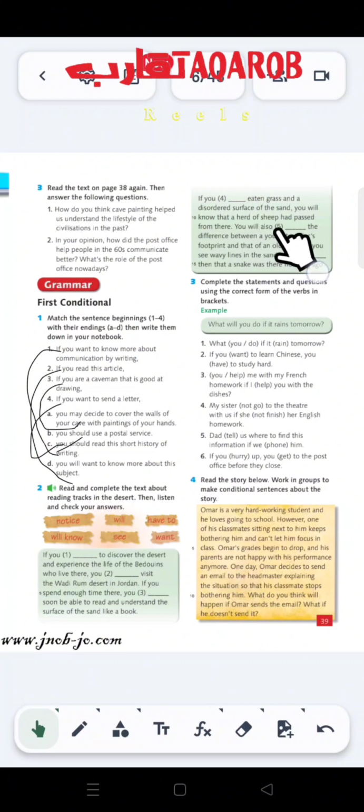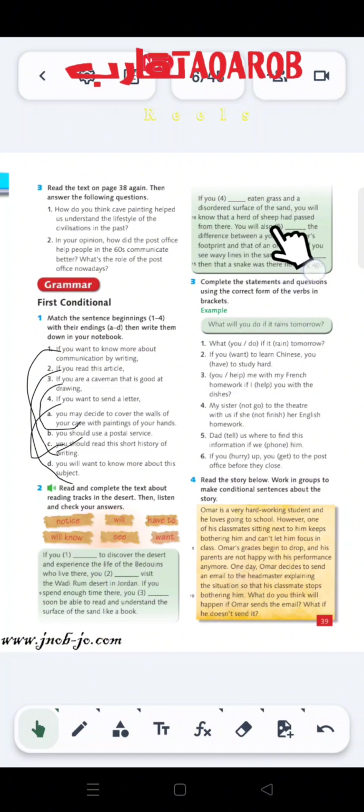You will also find the difference between a young traveler's footprint and that of an older one. So 5, the answer will, after will, we use the base form. So the base form here is notice.